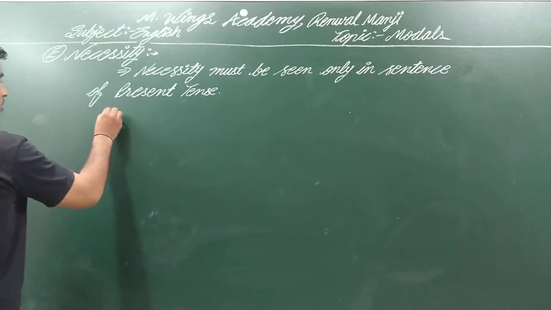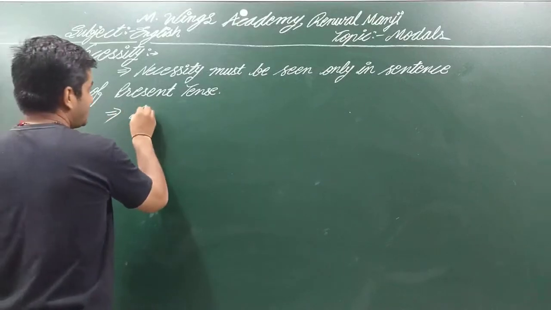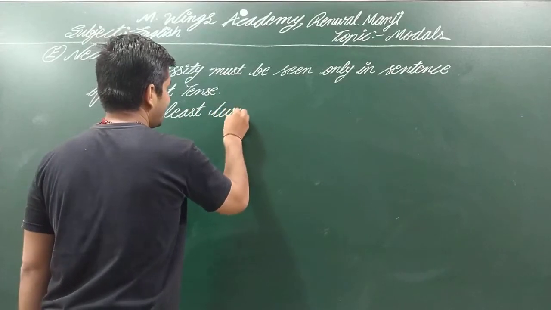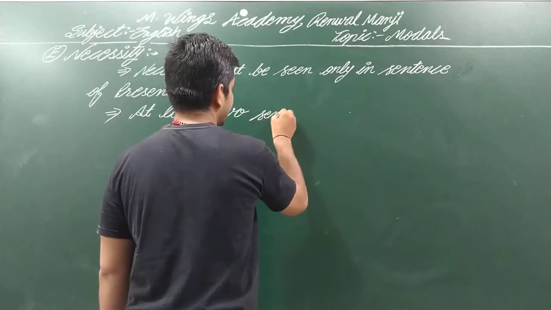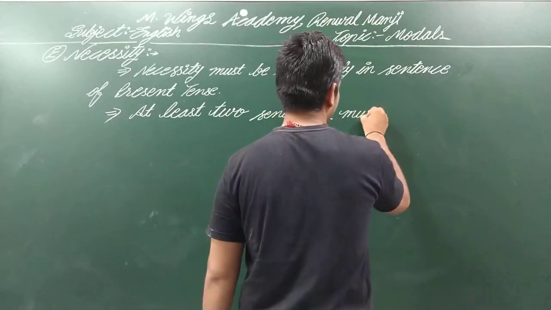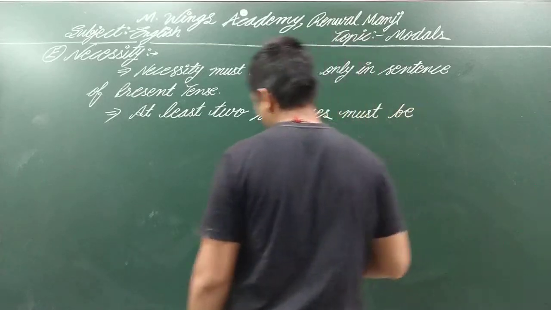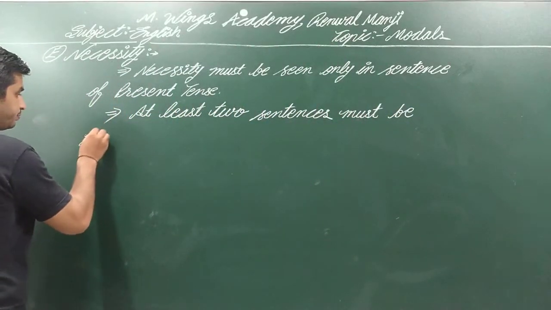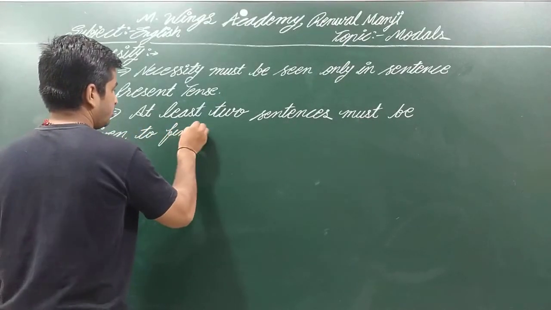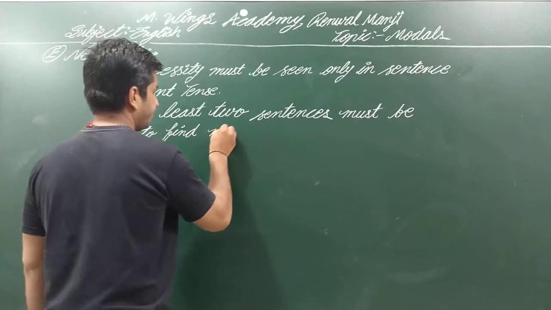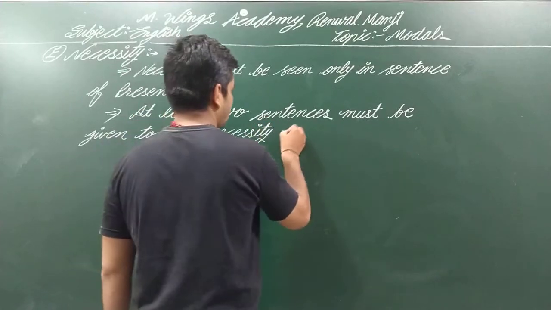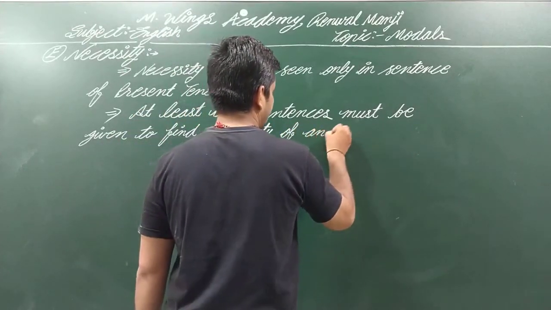And what is the second point? At least two sentences must be given to find the necessity of an action.